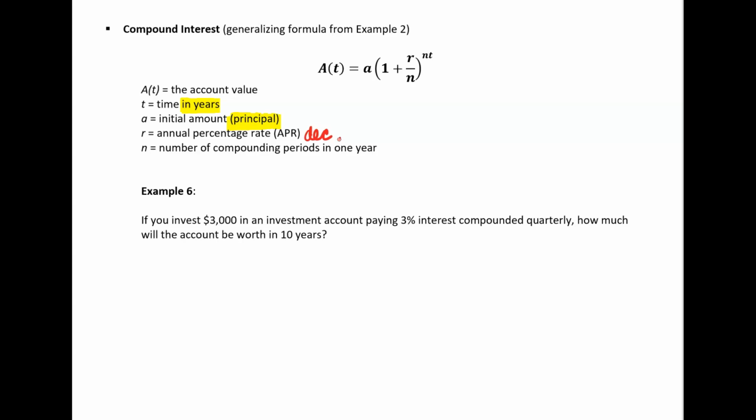So let's have a conversation about that. If it says compounded annually, well, that's going to be equal to n being 1. If it says semi-annually, such as a sale that a lot of stores will have, that would be twice a year. If it says quarterly, just like 4 quarters in a dollar, then that would be 4 times a year, or the quarterly report, say for a business.